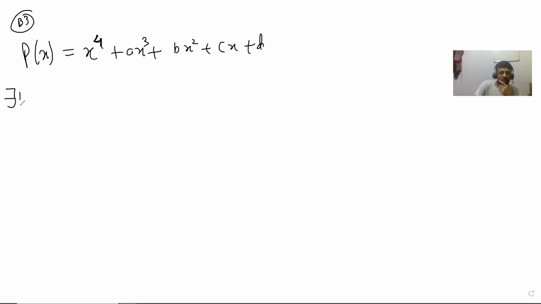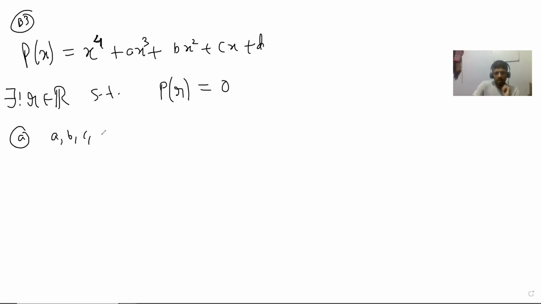There exists a unique real number R. Okay. Let's call it something. Sorry, you already said R. Such that only one. Okay.